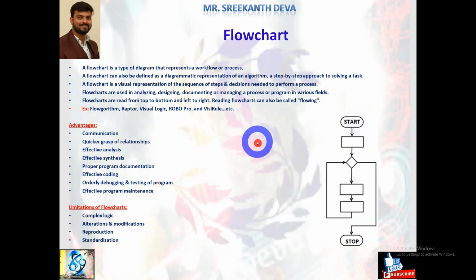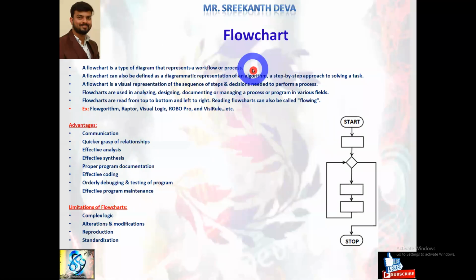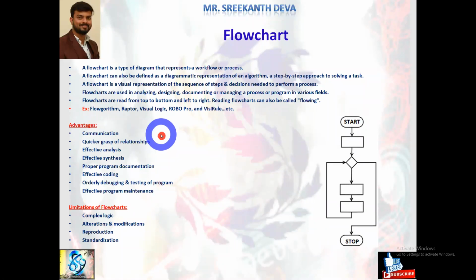Annotation symbols, flow lines, and connectors are various symbols represented by a flowchart. Several advantages and limitations of flowcharts we'll discuss one by one. We go with the advantages, like communication. Flowcharts are good visual aids for communicating the logic of a system to all concerned.